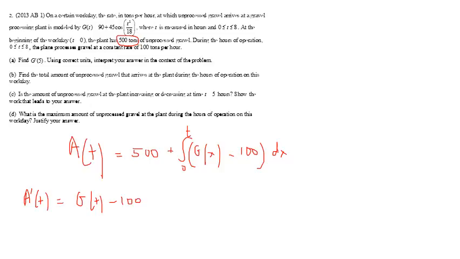Remember the derivative of 500 is 0. And then to take the derivative of this integral, we just take t and plug it in for the x. If we set this equal to 0, then the critical point happens whenever g of t is equal to 100.